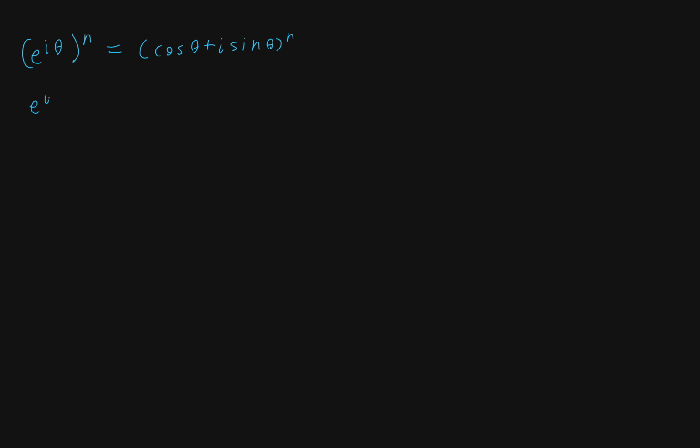Then we're going to have e to the i theta n, so we're going to have cosine n theta plus i sine n theta.